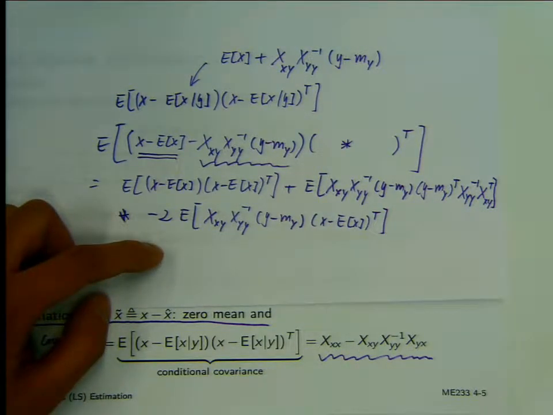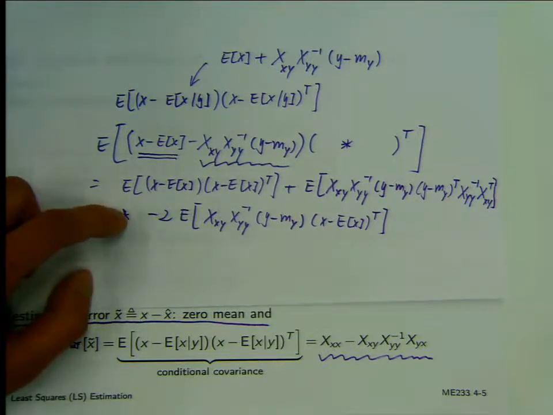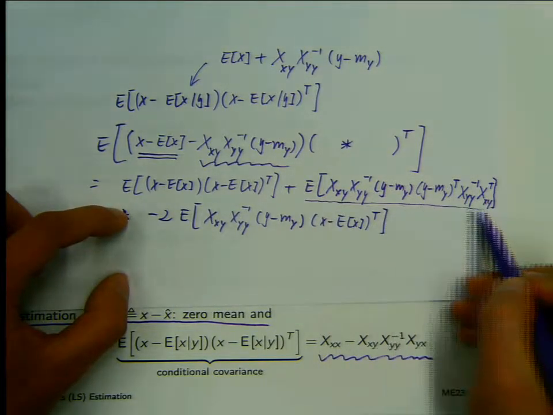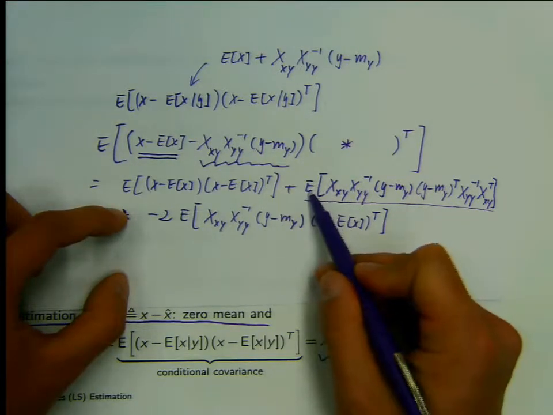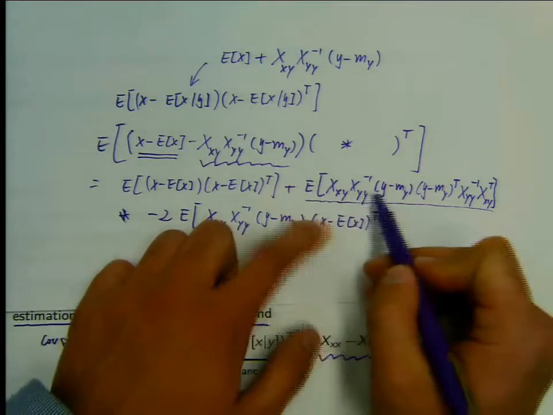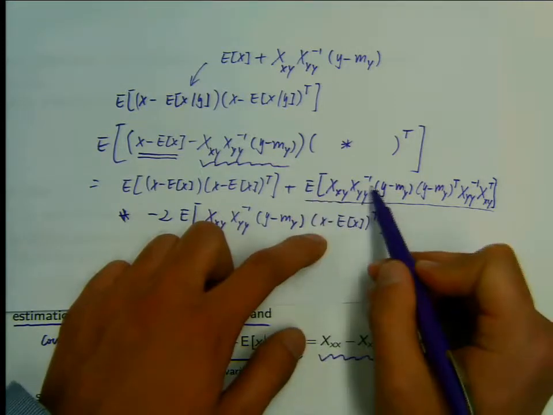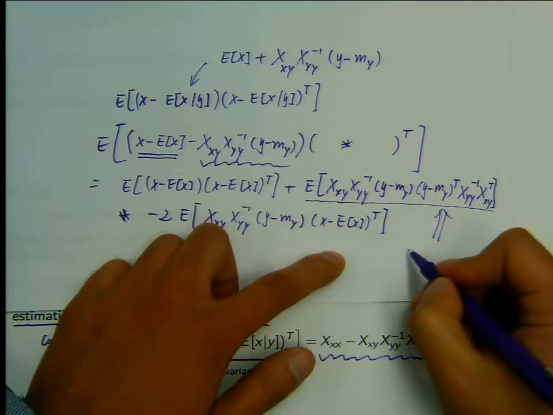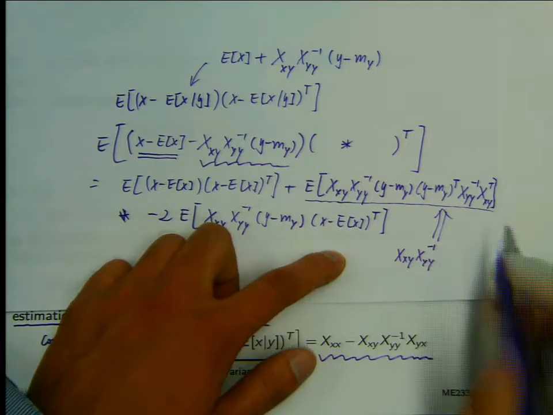Okay? Does anyone have any problems or questions up to this step? Okay, so look at this term here. These are constant matrices, so the expectation can be taken inside here. These are constant, doesn't matter. So if you put this expectation sign inside here, this quantity is equivalent to Σ_xy Σ_yy inverse.